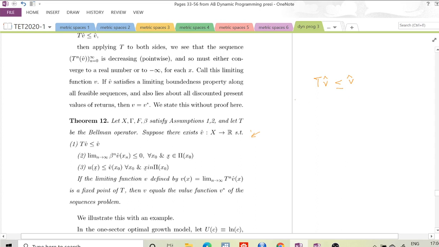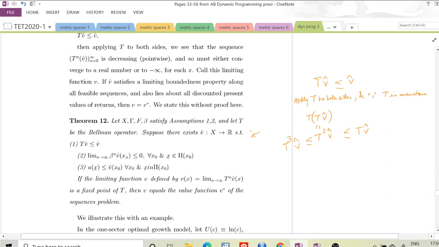So if I apply T to both sides, and since T is monotone, this side is T of T v hat, same as T squared v hat. Then that must be less than or equal to T v hat. And similarly, applying it to both sides again, I get that T cubed v hat is less than or equal to this.